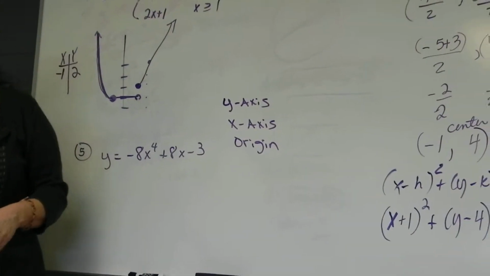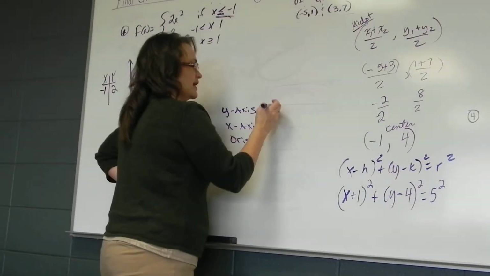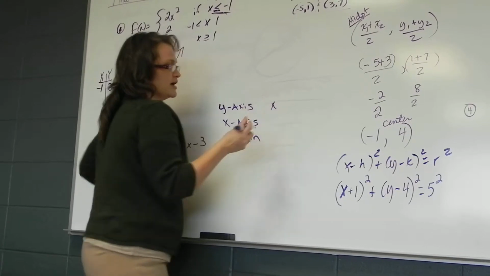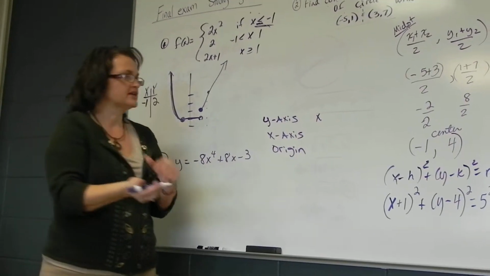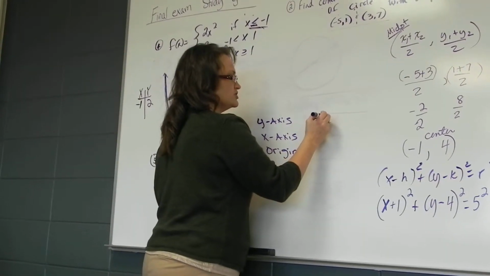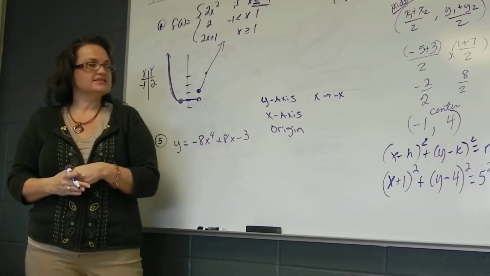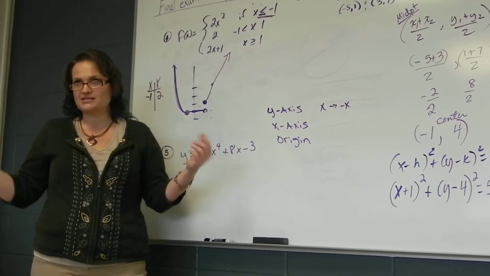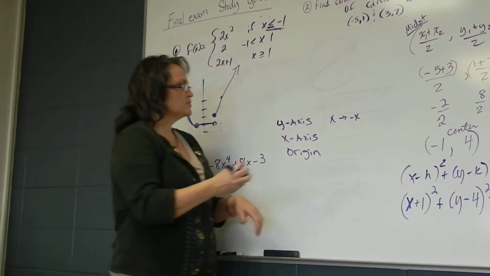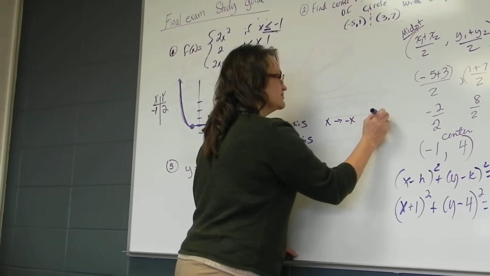With the y-axis symmetry, whether you change x to positive or negative, x changed to a negative x comes out to be the same value. So this happens whenever you have all x's to an even power. So we'll call this an even function.